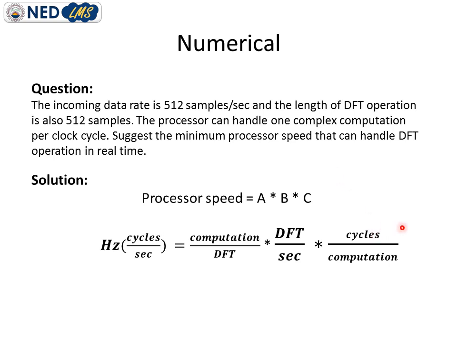In that scenario you would have the value of c as 0.5, but here c is 1 because the processor can handle one computation in one cycle. Now you have to look at a and b, and after extracting their values, multiply these three values to get the processor speed. So good luck for this numerical.